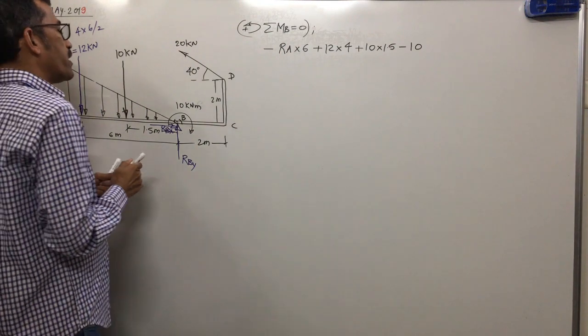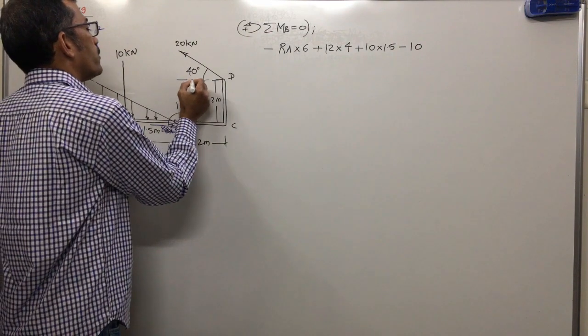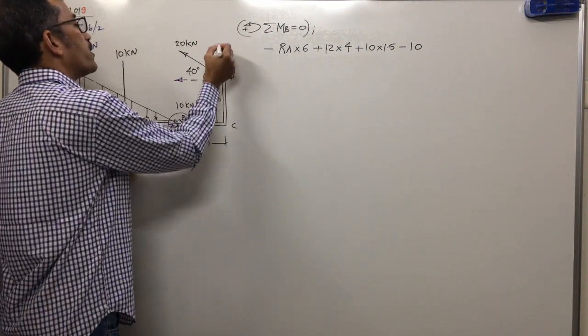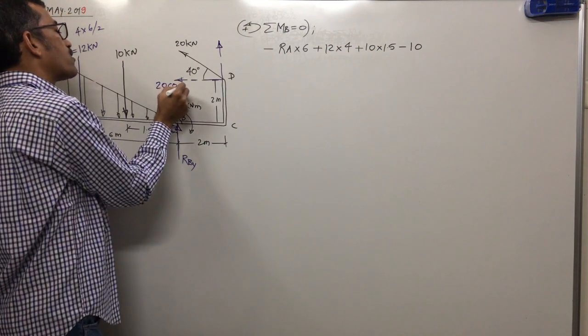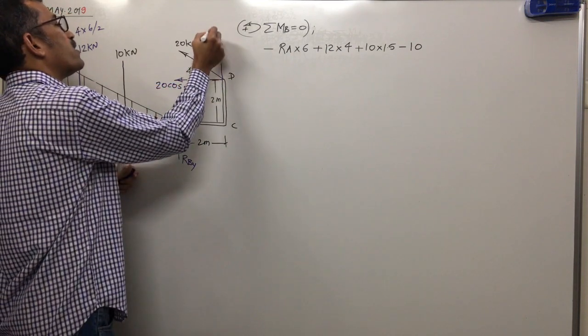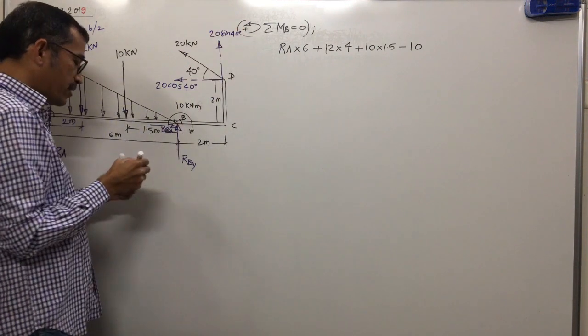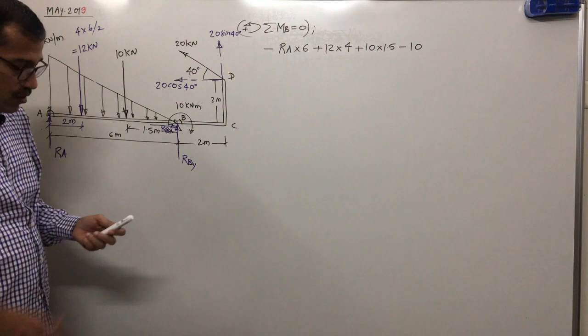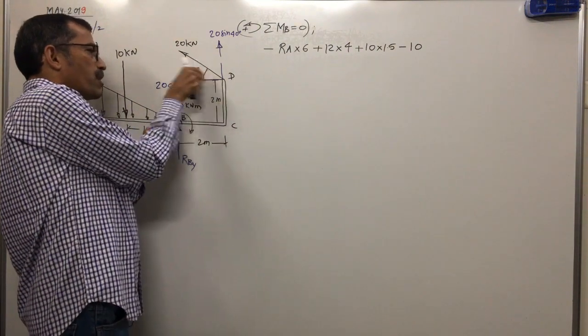Now, moment of 20 about B, directly moment is not possible. What we will do? I will resolve it into a horizontal component and a vertical component. This is 20 cos 40, this is 20 sin 40, two components. So moment of the horizontal component: as a bent bar, hold it at B, apply force leftward.